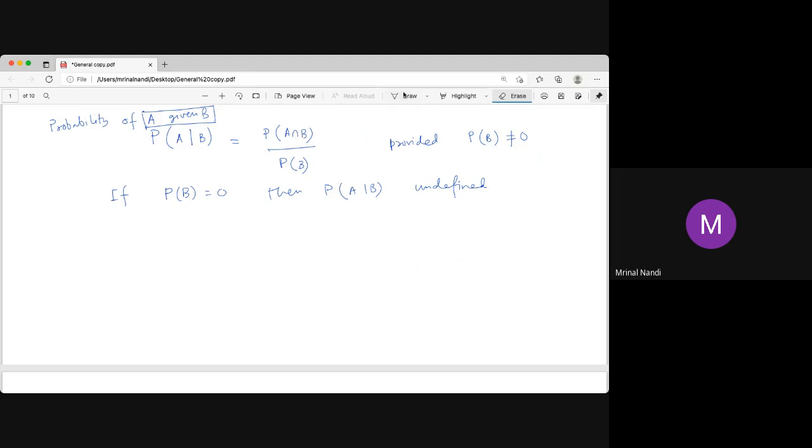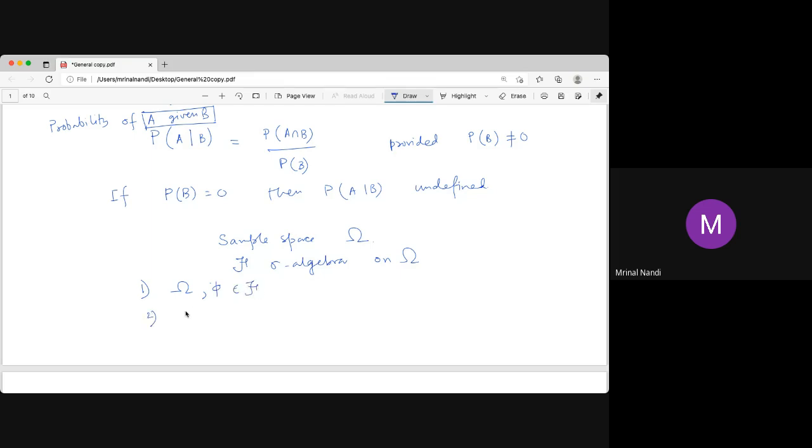First there is a random experiment and there is a sample space omega, and there is a sigma algebra on omega. What is sigma algebra? Sigma algebra means omega and phi must belong to this sigma algebra.